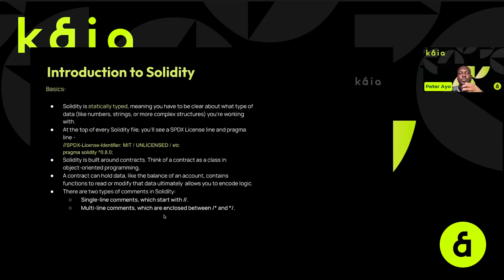So to cap it all, a contract can hold data, like the balance of an account. It can contain functions to read or modify the data and basically just encode logic, just like we have in the case of a class in object-oriented programming. I mentioned how in JavaScript, you can write a class of a car that has a property of color and also has methods to drive, to reverse, and to park.